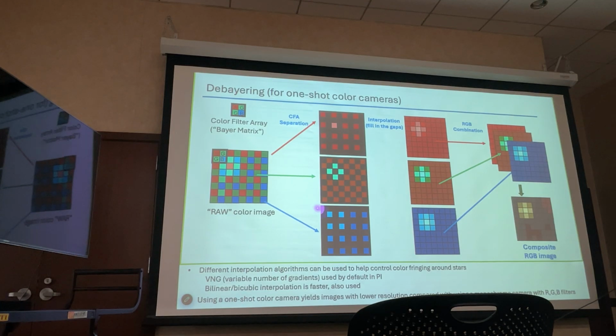Now, if you think about it, if we have this color filter in front of this monochrome array, we only know red at certain places, we only know green at certain places, and we only know blue at certain places. And we know them all at different locations, right? We don't know red, green, and blue at the same location. We only know them at the locations where the filter has been.